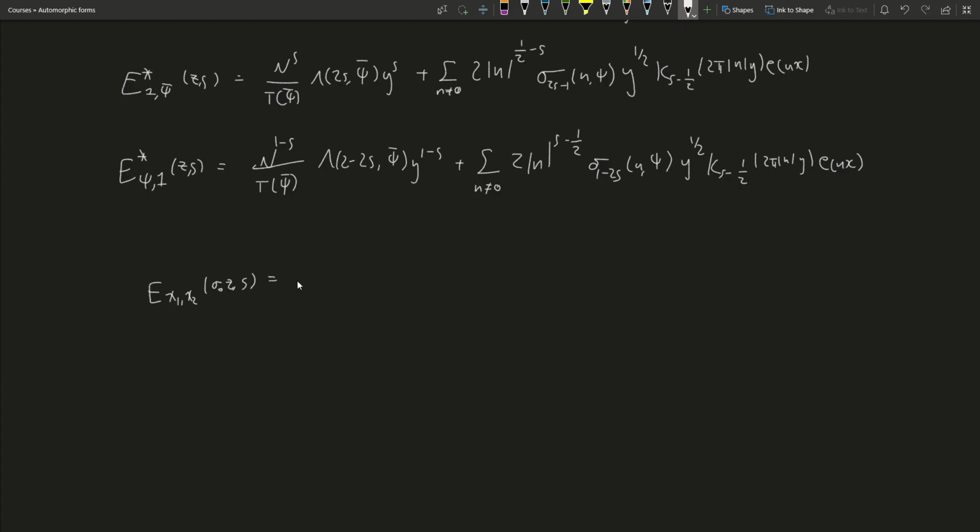This is equal to E where you just swap the two characters here. And this is Young 2019, section 9.2. This is why I write down both of these.